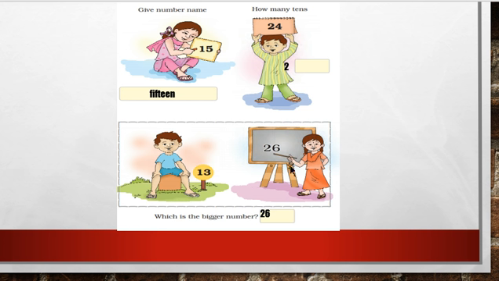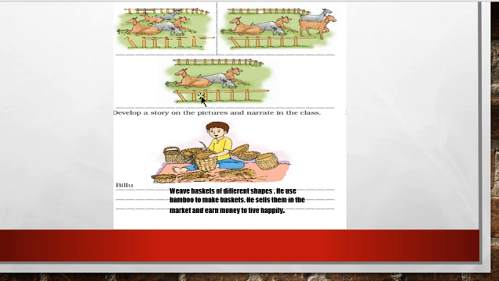The girl is showing a number 26 and the child is having a placard of 13. So the question is, which is the bigger number? Yes, 26 is the bigger. You can ask the child which is the smaller one, then the answer will be 13. In this way you can prepare many worksheets.